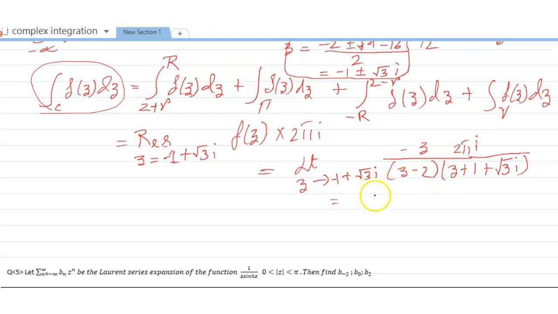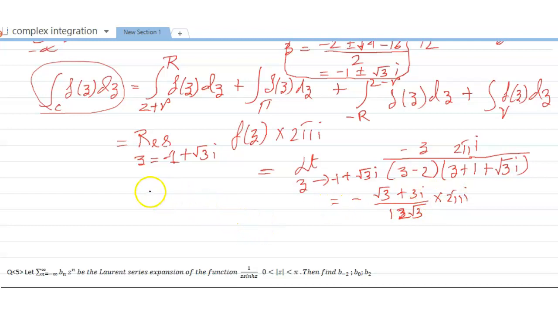So friends, when you calculate, you get (root 3 plus 3i) divided by 12 root 3, into 2 pi i.